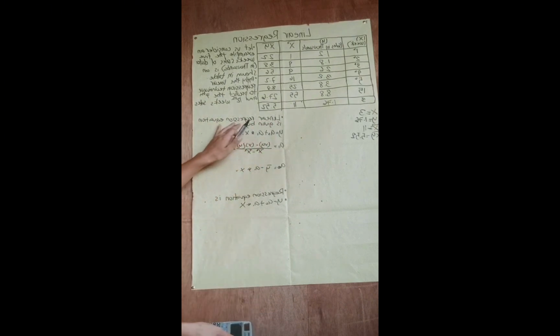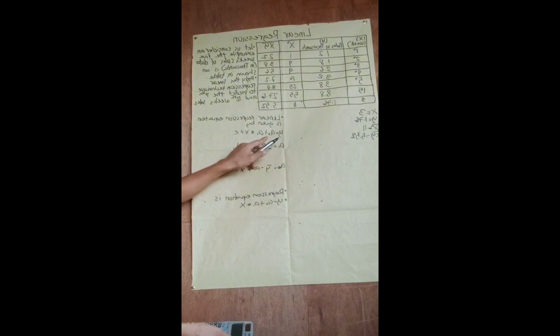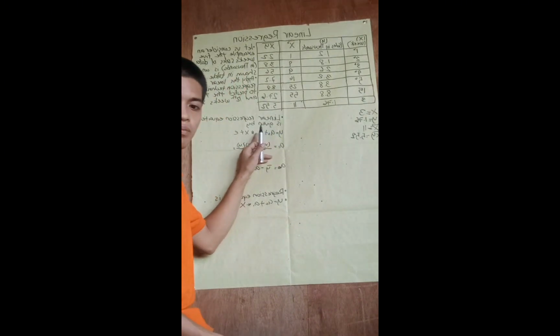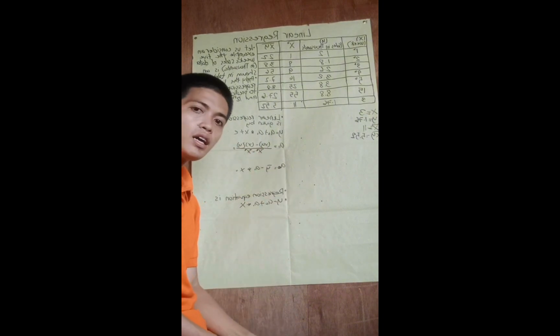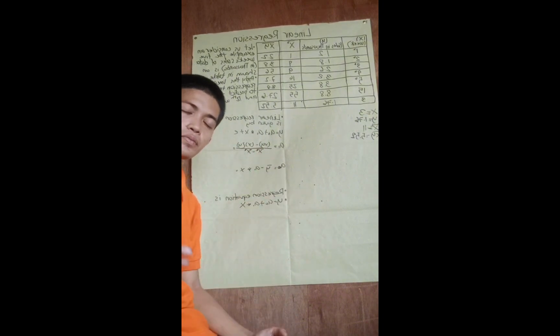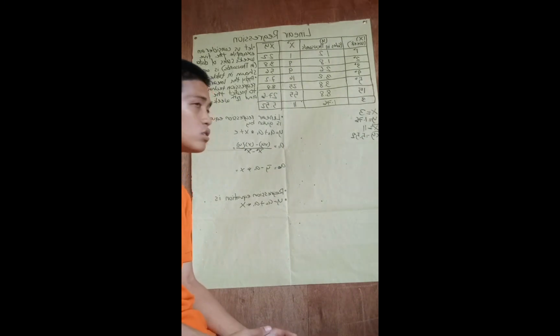The linear regression equation is given by y is equal to a0 plus a1 x plus e. A0 is the intercept and a1 is the coefficient of the independent variable.